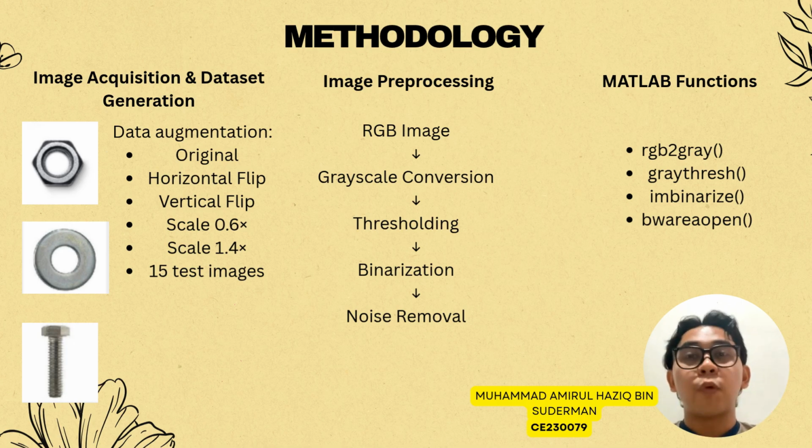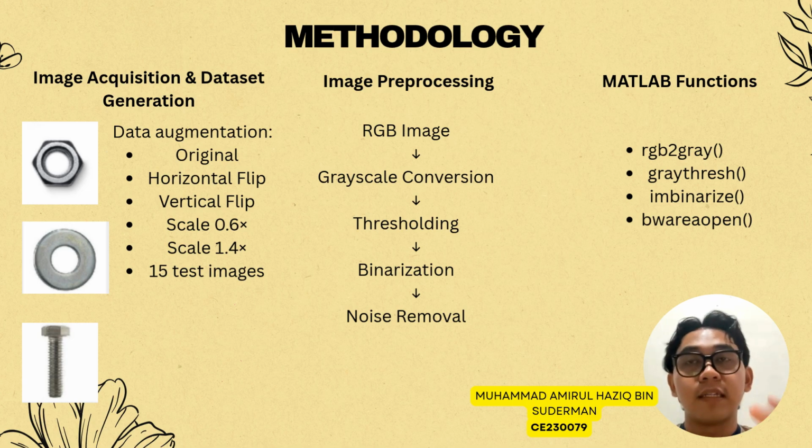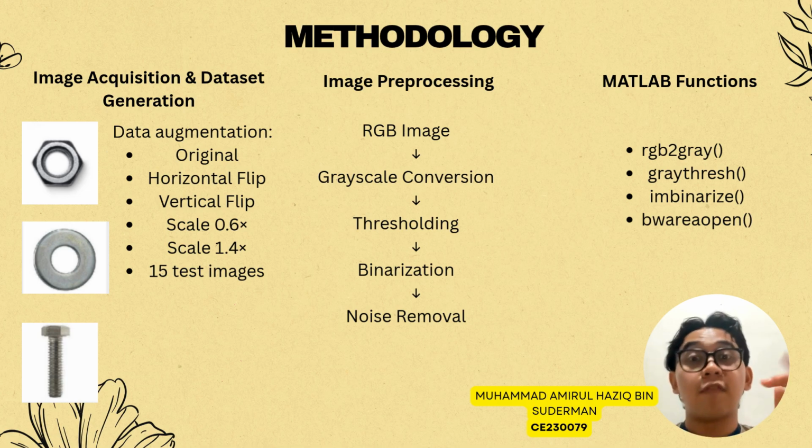For the augmentation, we have the original picture, the horizontal flip, the vertical flip, the scaling of 0.6, which is smaller, and the scaling of 1.4, which is bigger. By doing all this data augmentation, we have generated 15 test images, which will be inserted into MATLAB.